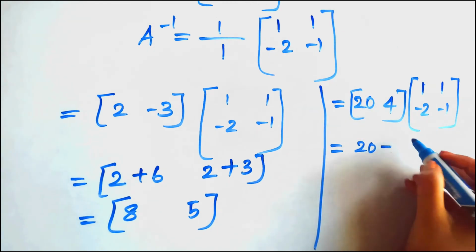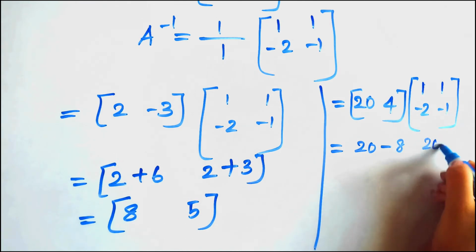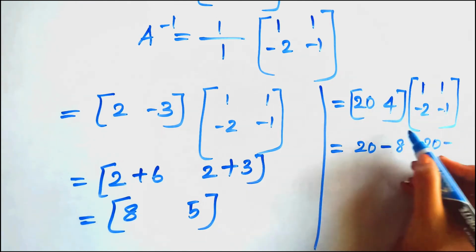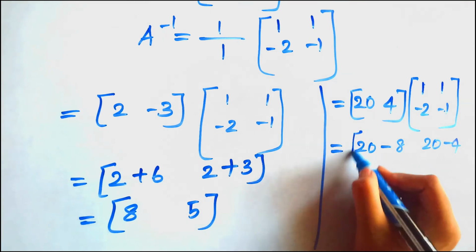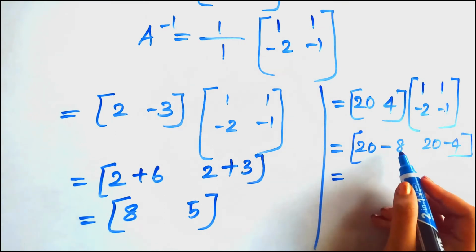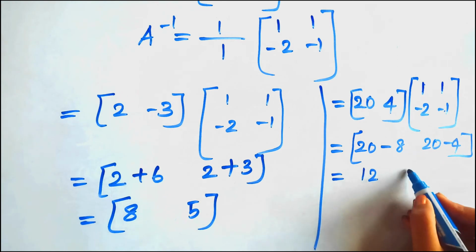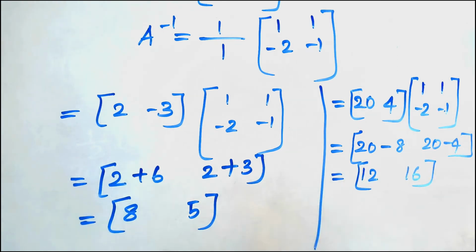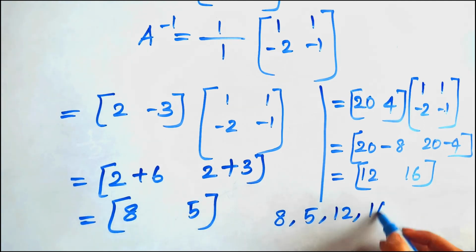So 4 into 2 is 8, and then 20 into 1, it's a 20, and then here there is a minus sign, so minus 4 into 1, it's a 4. Okay, so now let's subtract it. 20 minus 8, it will be a 12 here, and then 20 minus 4, it's a 16. And ultimately we got the numbers like 8, 5, 12 and 16, right?